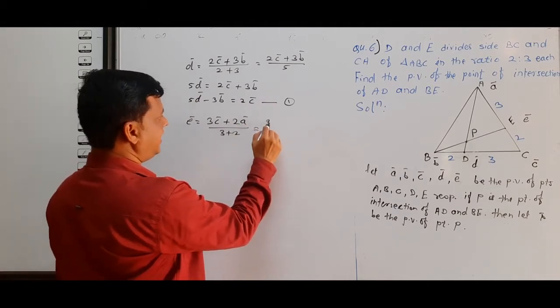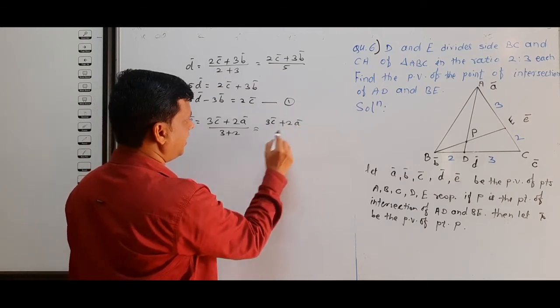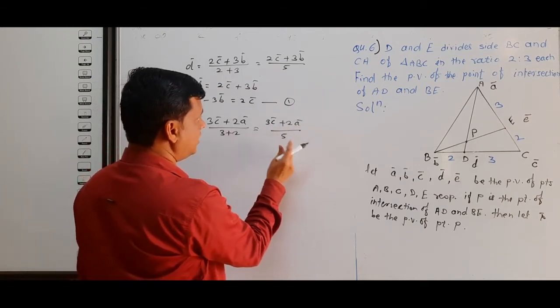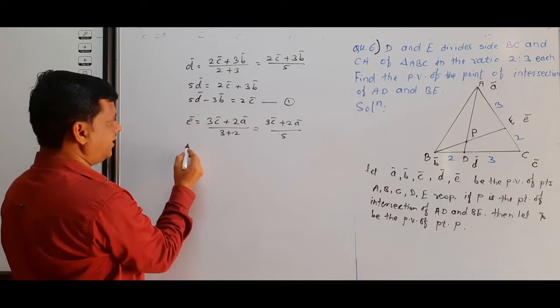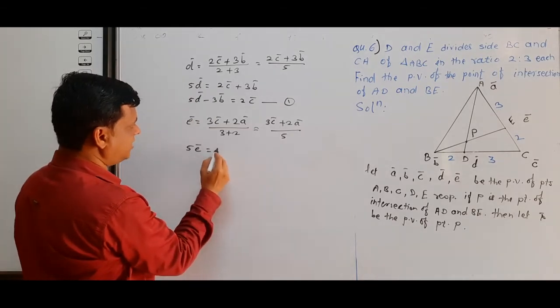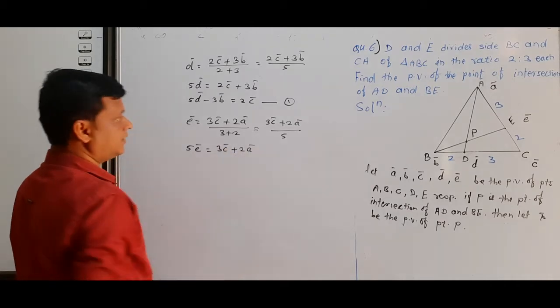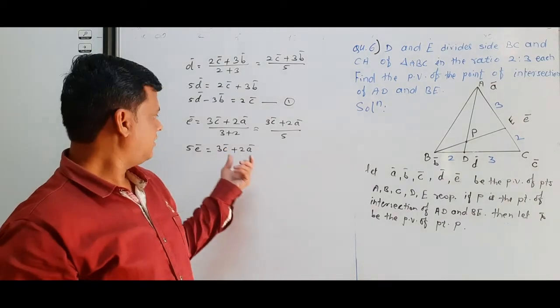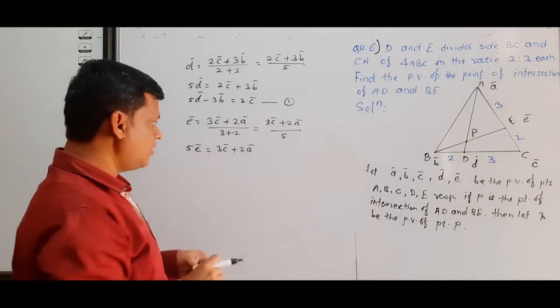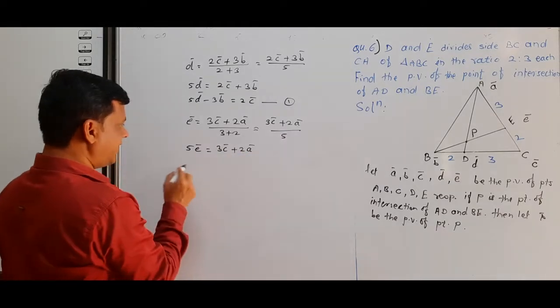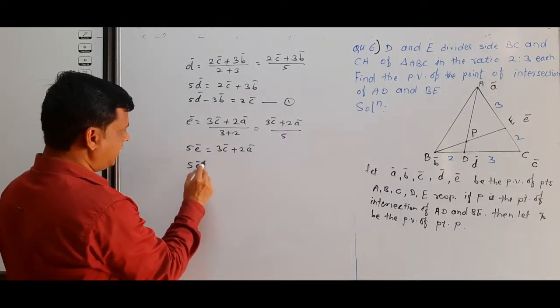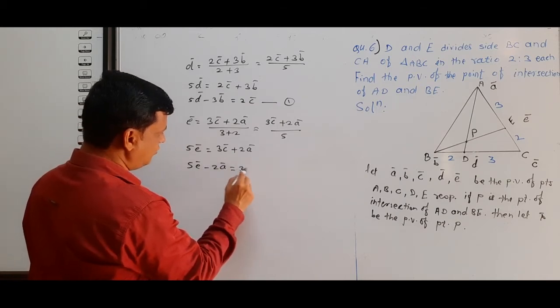So we write here 3C bar plus 2A bar upon 3 plus 2, which is 5. Now transfer this 5 to the left hand side. We get 5A bar is equal to 3C bar plus 2A bar. Now we require this in the form of vector C. So we transfer this 2A bar to the left hand side. We write here 5A bar minus 2A bar is equal to 3C bar.